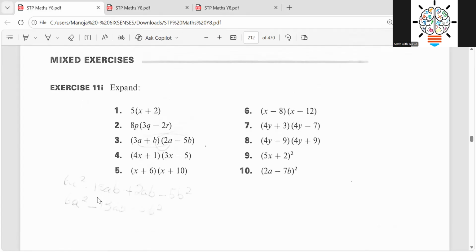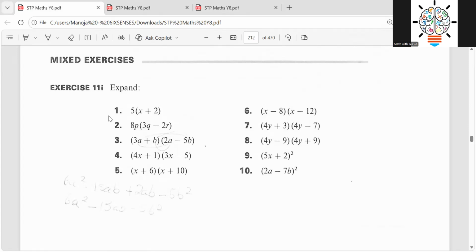If you have not done these sums before watching the video, I suggest you do them on your own, or listen to me for the first 5 to 10 minutes to recall your knowledge, then try the rest of the questions alone. Then you can watch the video and see whether your answers are correct.